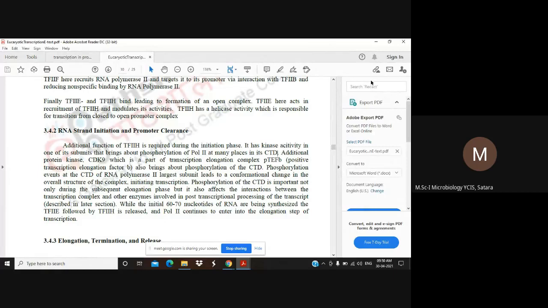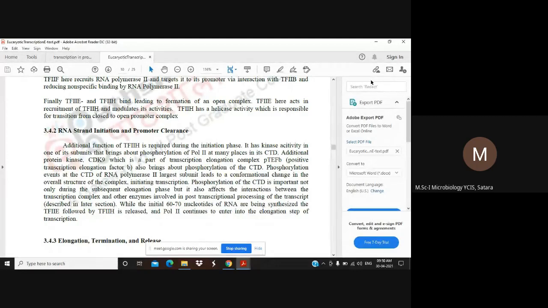There is the recruitment of the factors which are responsible for the further process. So phosphorylation of the CTD is important not only in the elongation phase, but it has some other functions too. Which functions? Tell me. What happens because of the phosphorylation of the CTD?